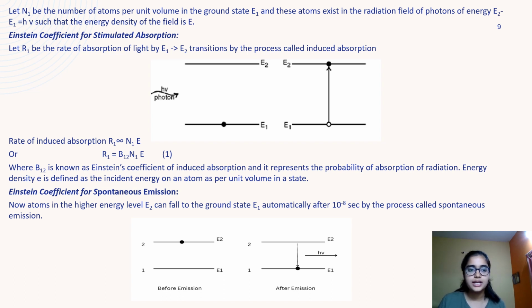Second is Einstein's coefficient of spontaneous emission. Now, atoms in the higher energy level E2 can fall to the ground state E1 automatically after 10 power minus 8 seconds by the process called spontaneous emission.